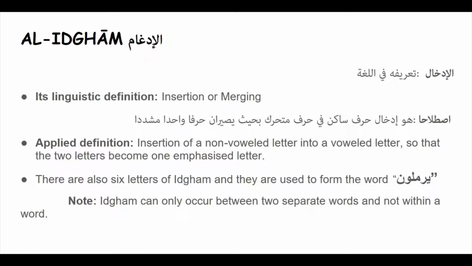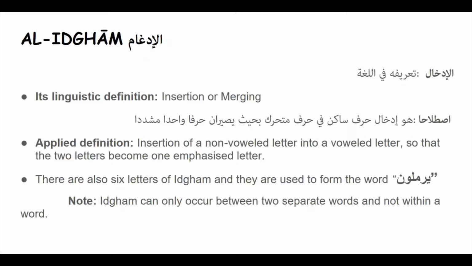Harfin sakin fi harfin mutaharrik, inserting a non-voweled letter into a voweled letter, in the sense that these two letters then become harfan wahidan mushaddadan, they become one emphasized letter.